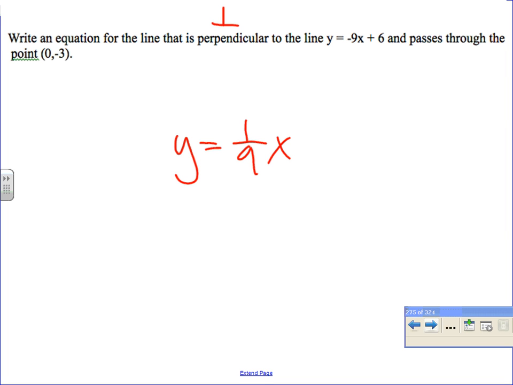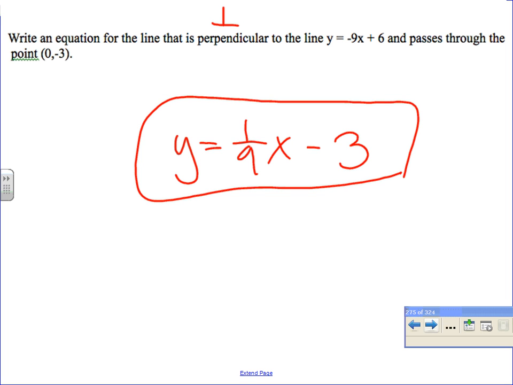So for -9, the opposite reciprocal is 1/9. Mike, finish that equation for us. Careful. It has to go through the point (0, -3). Good. I thought you said -6 for a second. Good. So perpendicular, and it has to go through the point (0, -3).